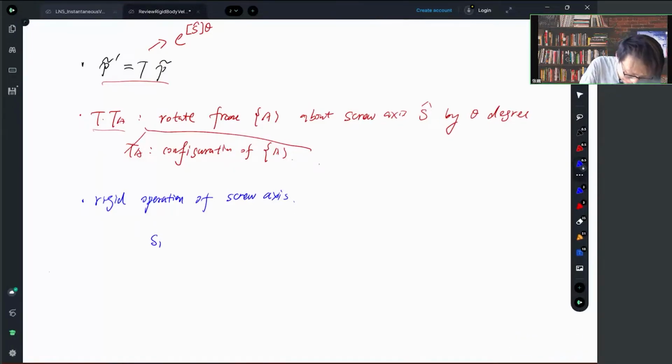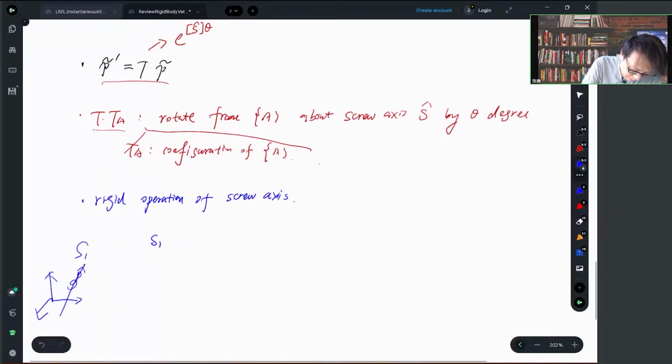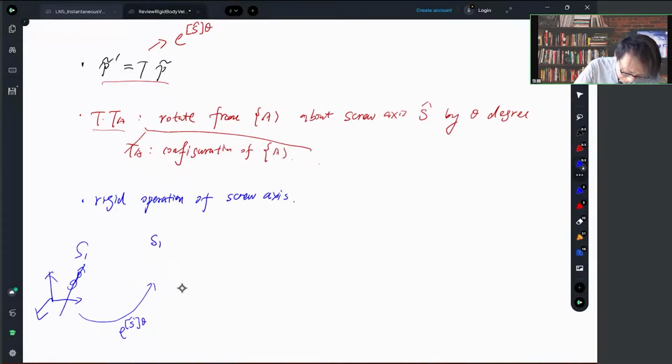This is my coordinate frame, this is my screw axis, capital S1, and I apply a screw motion, e to the S hat theta. Then I get another screw axis. It's moved along with the whole frame, and this axis becomes like this, maybe S1 prime.